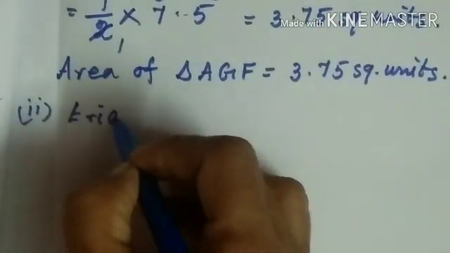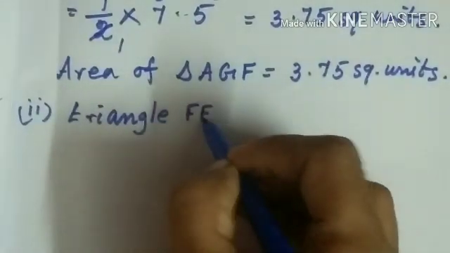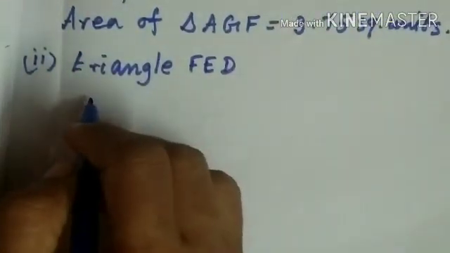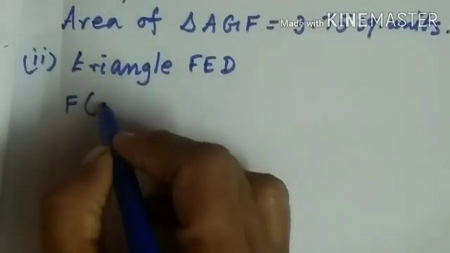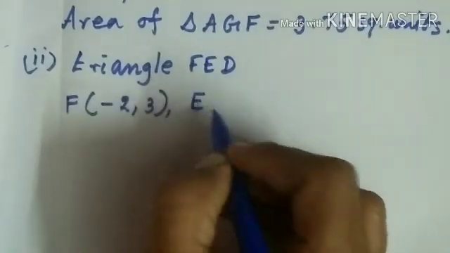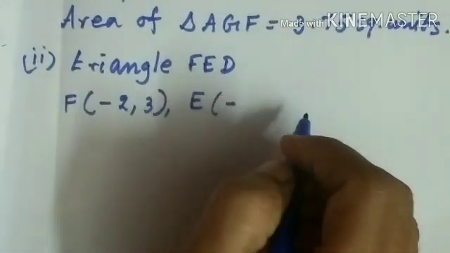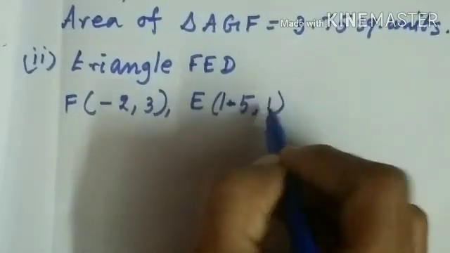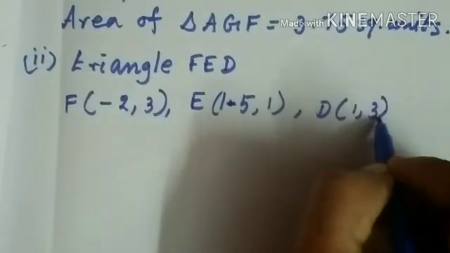Triangle FED. Take down and write the given vertices. F minus 2, 3, E 1.5, 1 and D 1, 3.